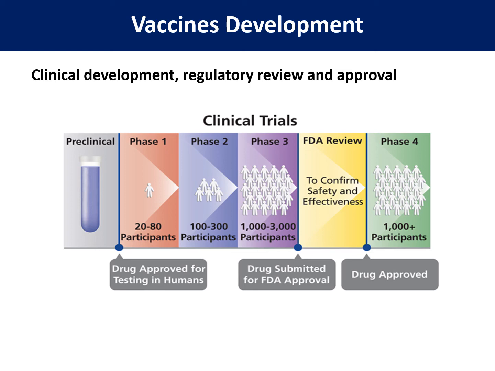And then in phase 4, which is an optional study that drug companies may conduct after a vaccine is released, the manufacturer may continue to test the vaccine for safety and efficacy.